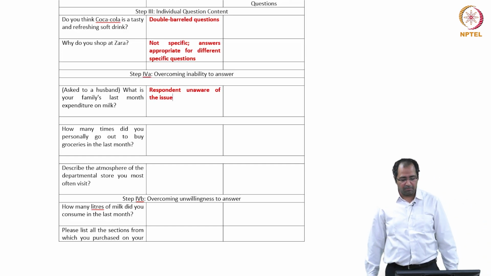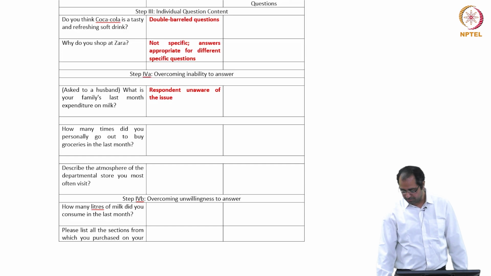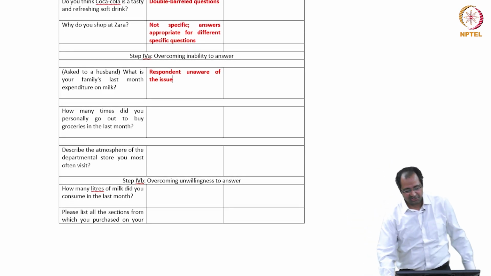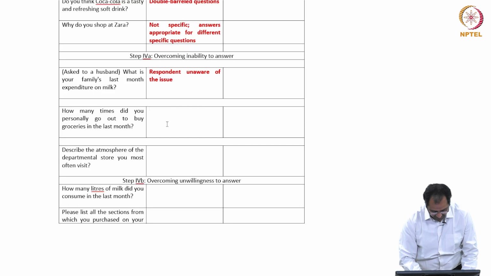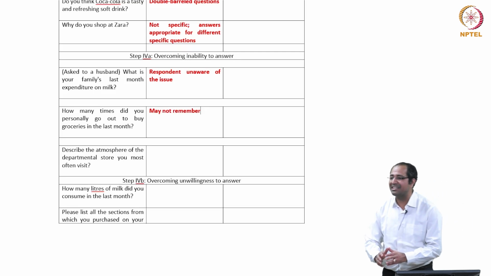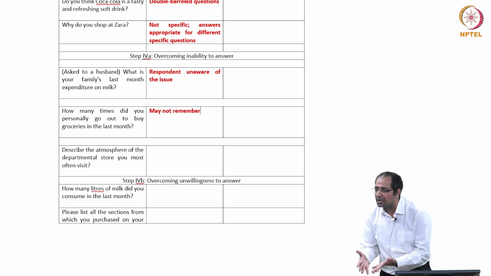Next, what is the problem? Next question, how many times did you personally go out to buy groceries in the last month? What is the problem? They may not remember. So ask the question in a way that the person would remember.